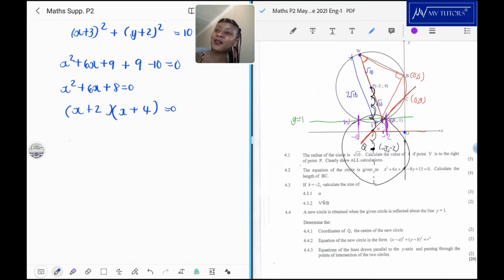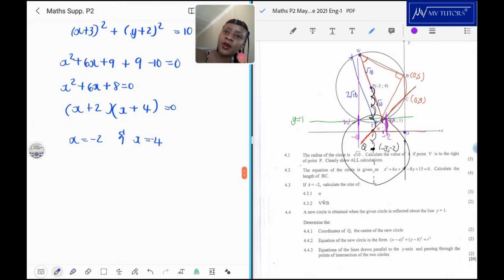Okay, and therefore you can see I have x is equal to minus 2, and because we have two equations that are parallel to the y-axis, parallel meaning they go down like that, that equation is x is equal to minus 4, and x is equal to minus 2. So they're all parallel. And that is it.